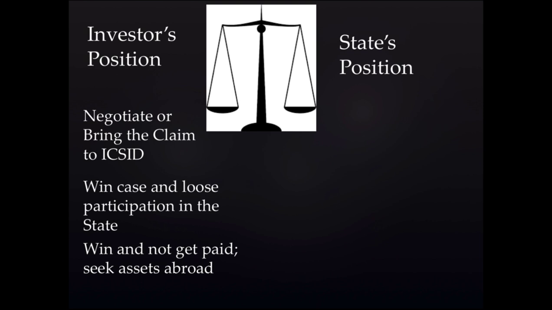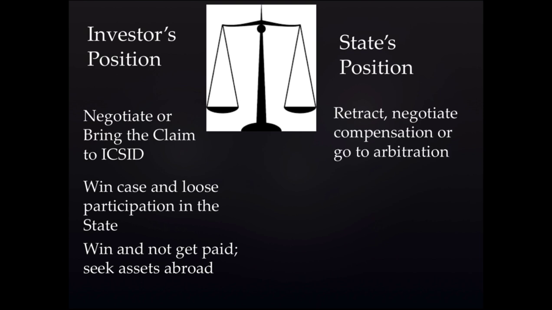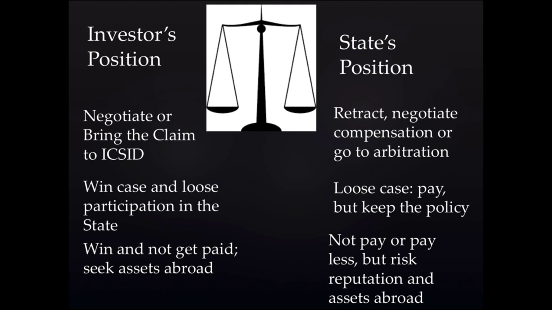The state's position. States, when they lose a case, they can either retract their actions, they can try to negotiate a compensation, or go to arbitration. If they lose, they can pay, but keep the policy. And if they decide not to pay, they can risk their international reputations and also risk their assets abroad.